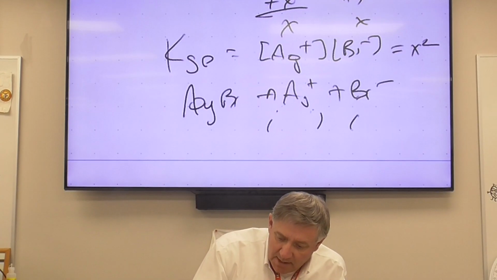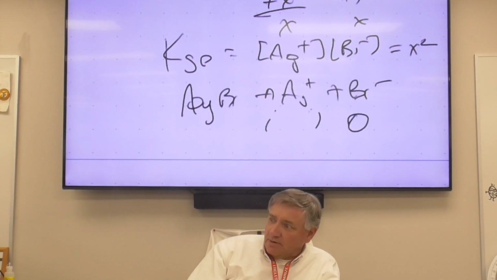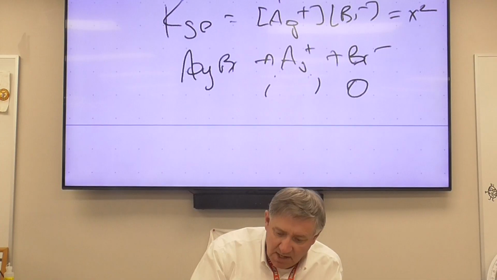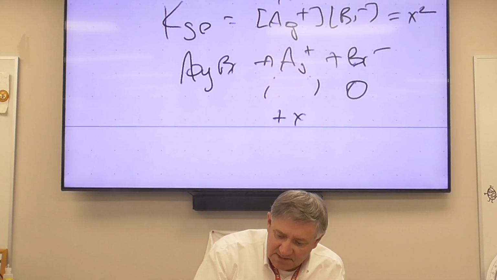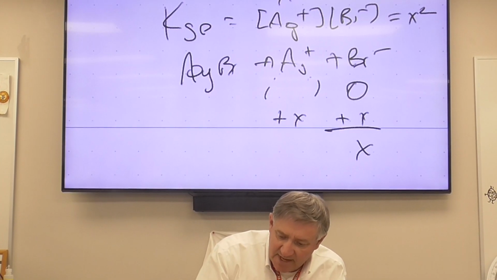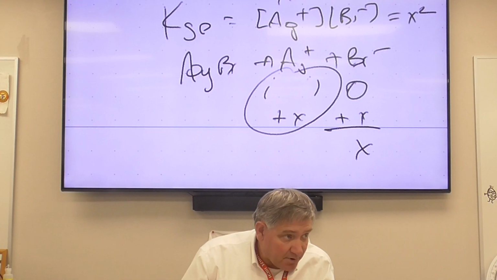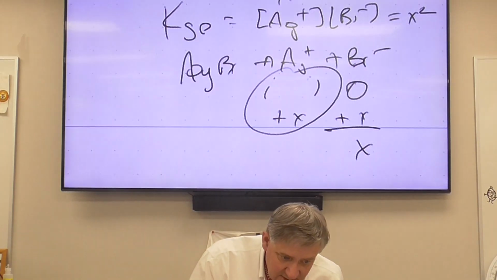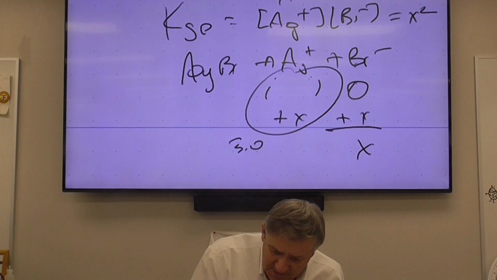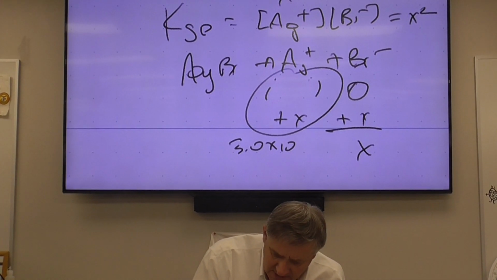Your bromide ion is still going to start at 0. It's the same process. I'm going to go plus x. This becomes x. Adding this doesn't make any difference. It's like a Ka problem. So then you know this is 3.0 times 10 to the minus second.